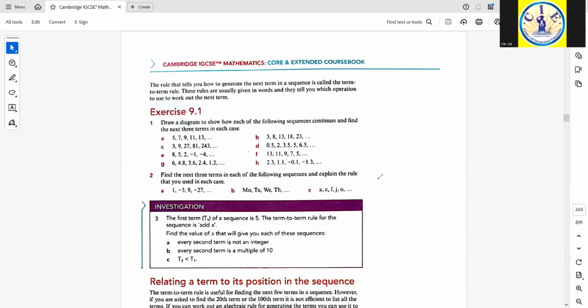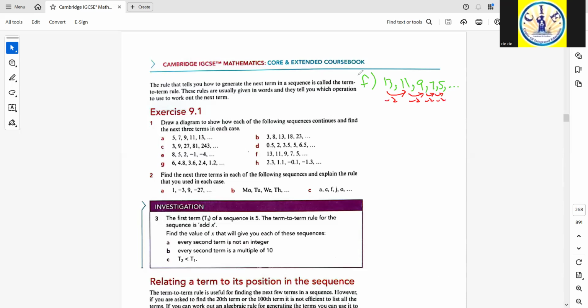Okay, now it's part F. 13, 11, 9, 7, 5, and so on. Observing it once again, we can see that 2 is being subtracted from each previous term.